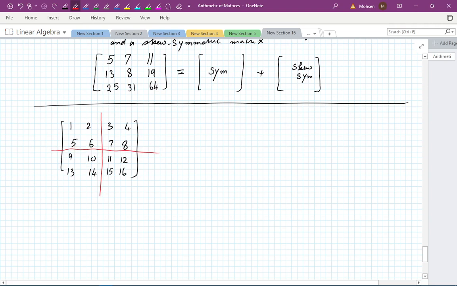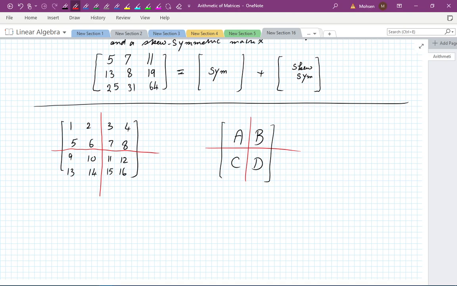So you can take a matrix and cut it up into whatever you desire, so long as these lines go all the way. Then you can allocate one matrix for one of these partitions, another one for this one, another for this one, another for this one. So you can think about a matrix whose entries are submatrices. You can stack matrices next to each other so that you make a big matrix.